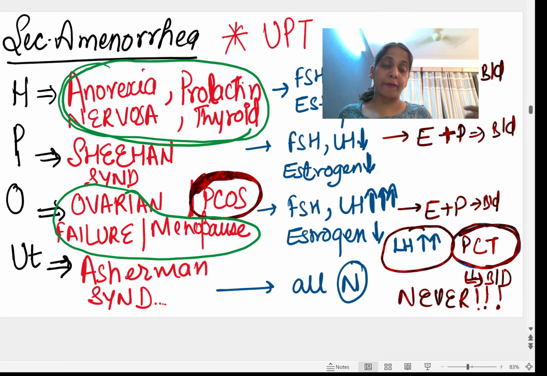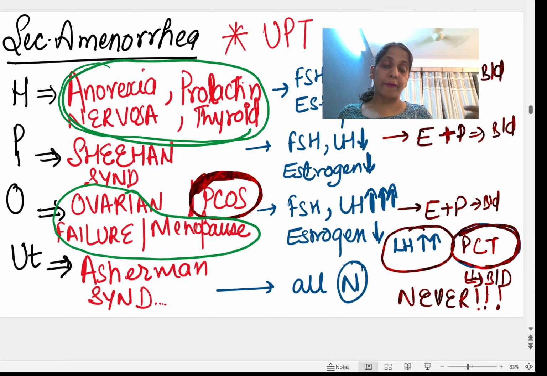Then hyperestrogenic conditions. As I already told you, the estrogen which we are giving in the combined oral contraceptive pill is much lesser in amount. So what are the hyperestrogenic conditions? Fibroid, adenomyosis, endometriosis, endometrial cancer, ovarian cancer.